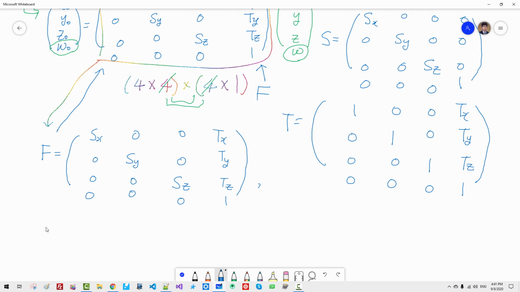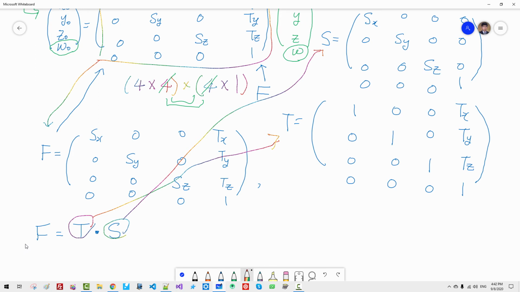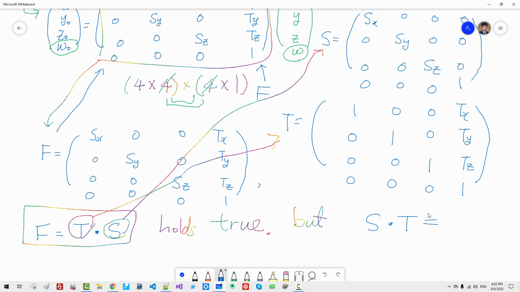We operate the transformation matrix F equals T times S, where T is this matrix, S is this matrix. This equation holds true, but S times T is not equal to F, because S times T is not equal to T times S.